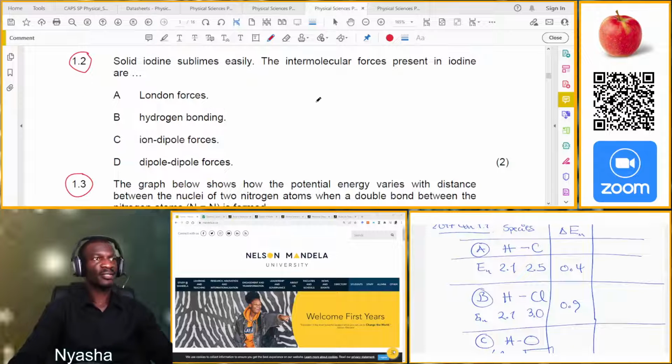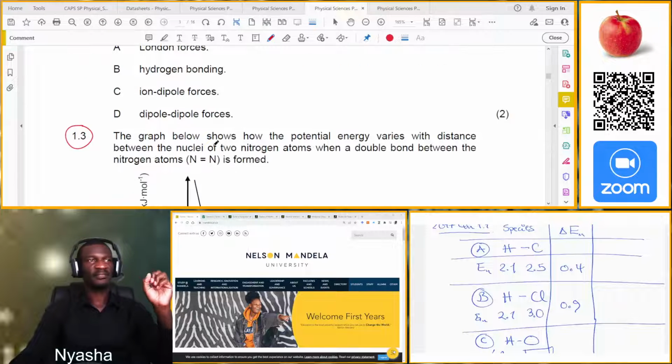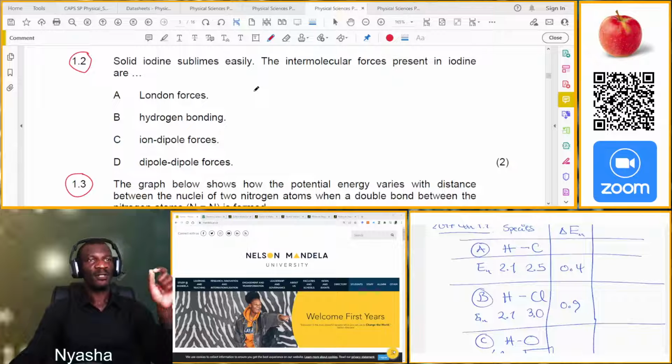So the second question had to do with solid iodine, which sublimes easily, right? So it easily changes state into the gas phase. The intermolecular forces present in iodine, which are making it very easy for it to sublime, which ones are these?